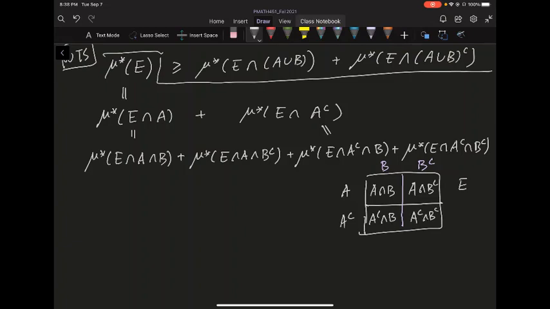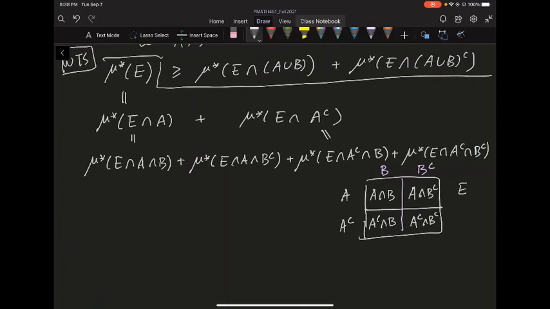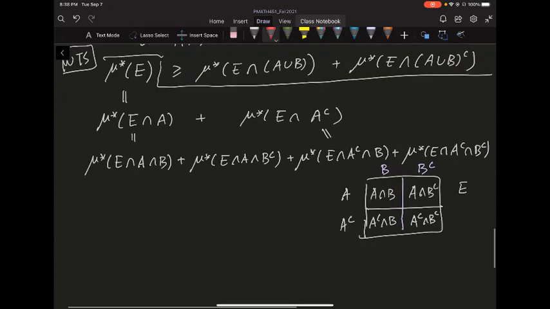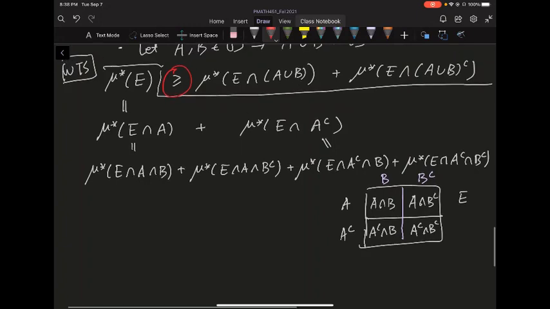And if you look at these four, let's remind ourselves what our goal is. Our goal is to show that the sum of these four is greater than or equal to the sum of these two sets. So now let's take a closer look at how these sets are related.